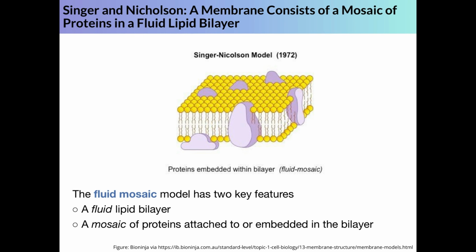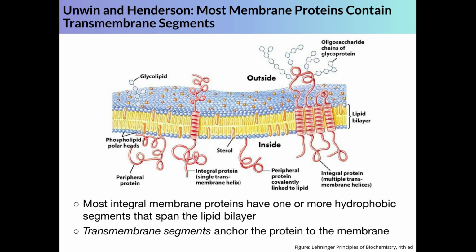Based on all this evidence, the currently accepted model of membrane structure is the fluid mosaic model. This model states that there is a fluid lipid bilayer that has a mosaic of proteins. Furthermore, many of these proteins are embedded within the phospholipid bilayer.